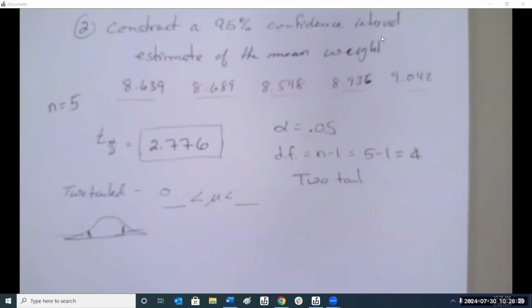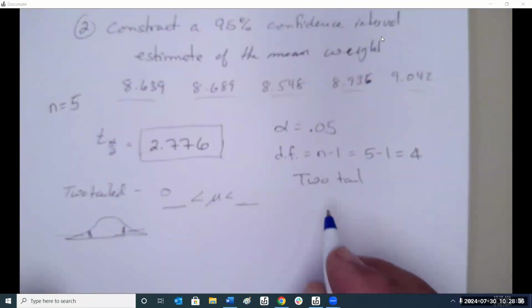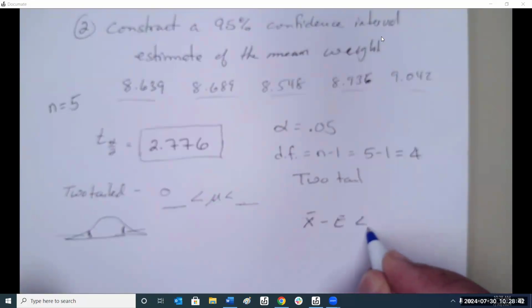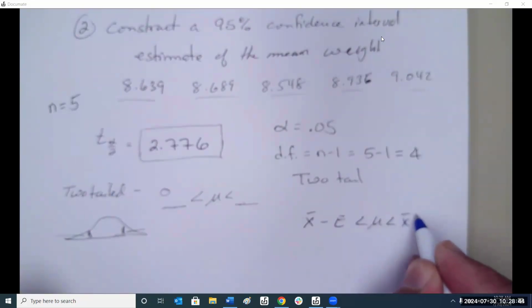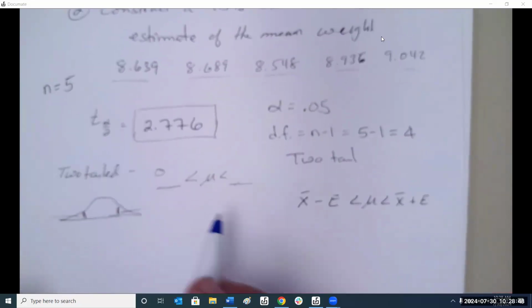I'm missing a value, because remember, in order to find this range, we have to find X bar minus the error, X bar plus the error. That's the interval we're looking at.